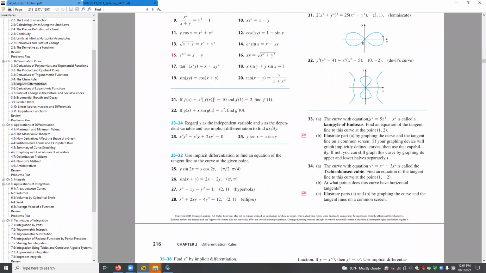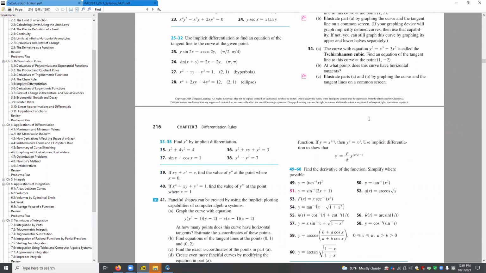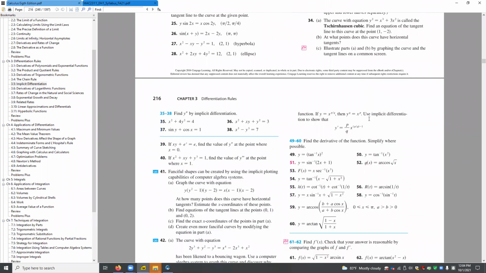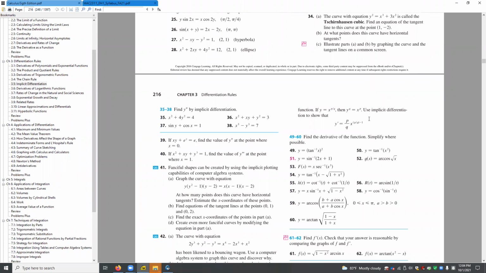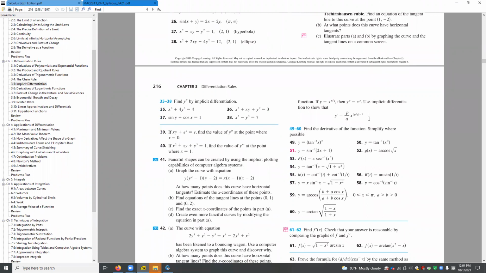So instead, let's see if we have one problem or two to round up with. Yeah, let's do something where we're finding a second derivative. Find y double prime. Find the value of y double prime at the point where x equals 0. Let's do number 39. So I've got xy plus e to the y equals e.